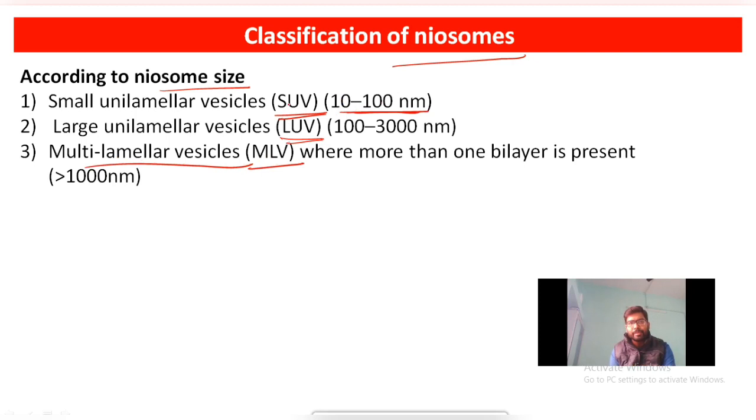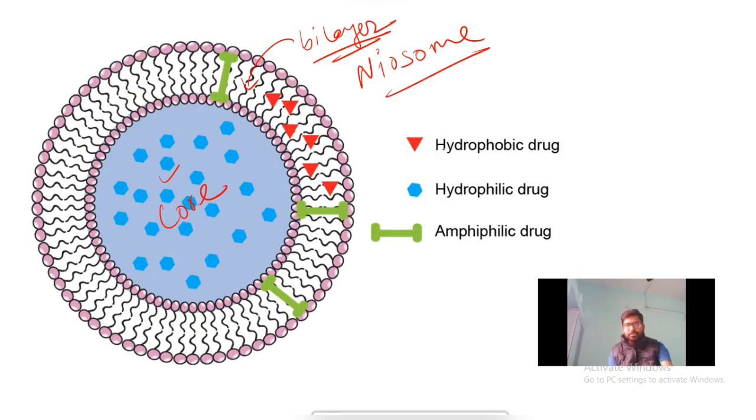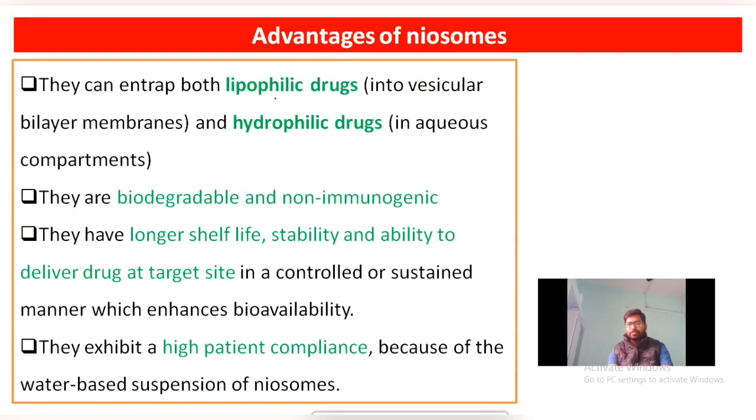Generally 10 to 100 nanometer is for small unilamellar vesicle, 100 to 3000 nanometer is for large unilamellar vesicle, and in case of multilamellar vesicle, the size is beyond 1000 nanometer. So this is the structure of your Niosome. You can easily understand that this is the core portion and this is your bilayer portion. I will elaborately discuss the structure and components of the Niosome, so don't worry.